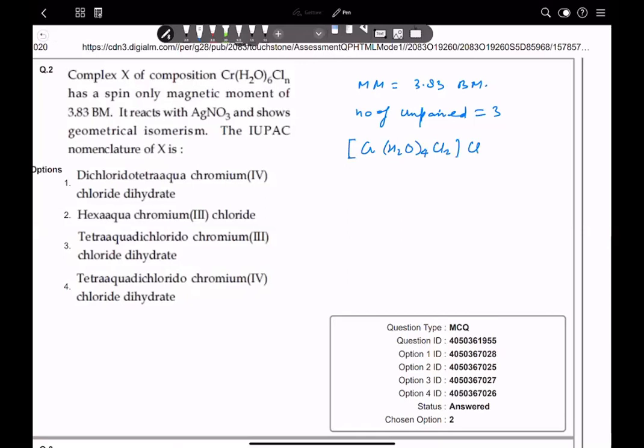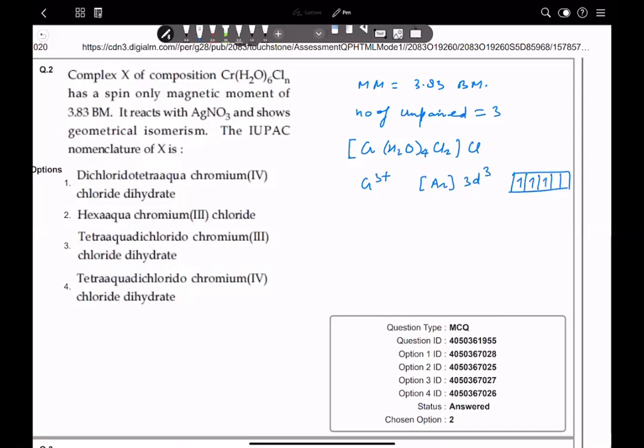Now you have to just check the number of unpaired electrons. So chromium oxidation state is 3 plus over here. So the electronic configuration will be argon 3d3, because 3 unpaired electrons are there. So it is verifying with this formula. And the chromium configuration is actually 4s1 3d5.